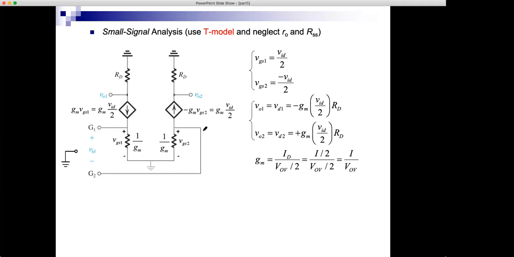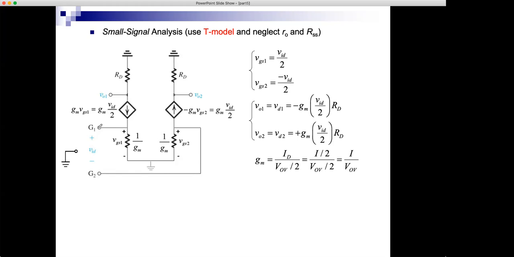And now let's find the output, and let's hope that the output is some amplified version of the input. So this is GM VGS, in this case GM1 VGS, but the two GMs of the two MOSFETs are the same because they're biased at the same DC conditions. So this is GM VGS1.